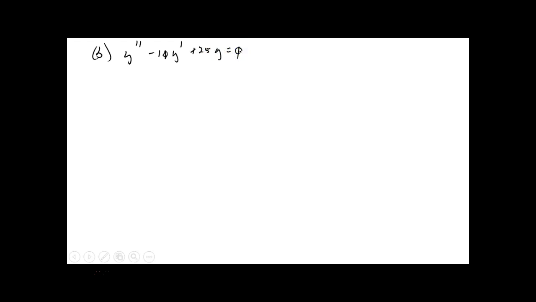Now, we can go through the let y equal e to the mx and do all that, but can you come up with the auxiliary equation just looking at this? If not, we'll do the whole thing. You'll get m squared minus 10m plus 25 equals 0.